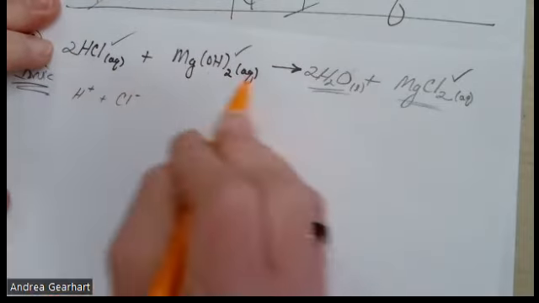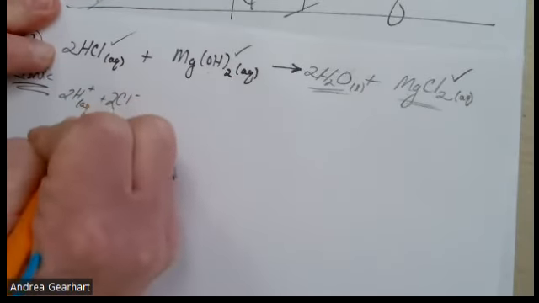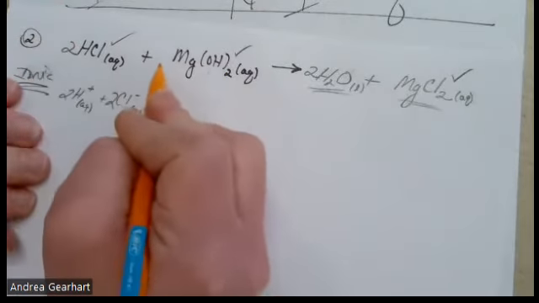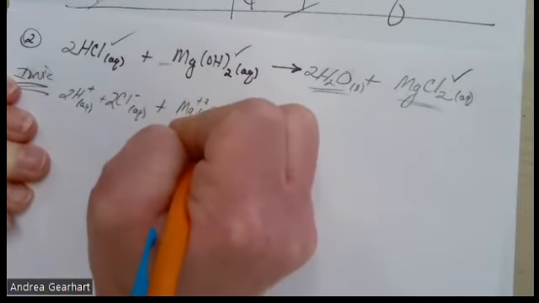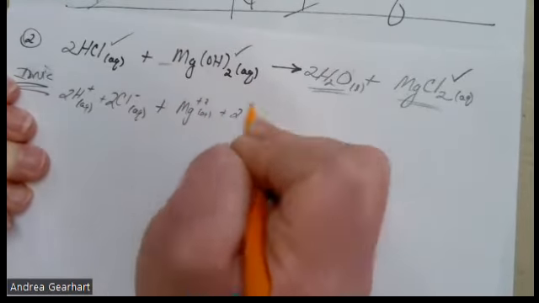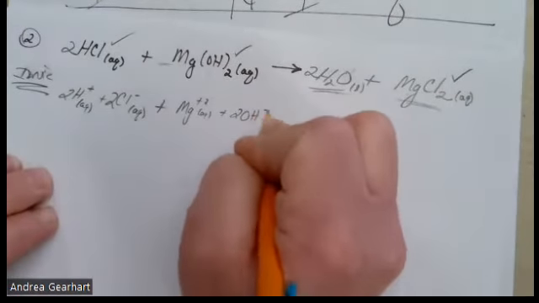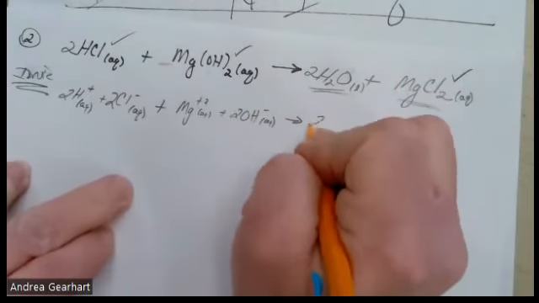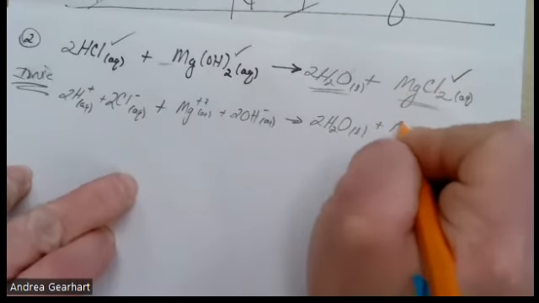But looking at my balanced equation, I need a 2 and a 2. That will be combined with, I only have 1 mole of these that will give me magnesium, but 2 hydroxides. All right. But this doesn't exist as separate ions, but this does.